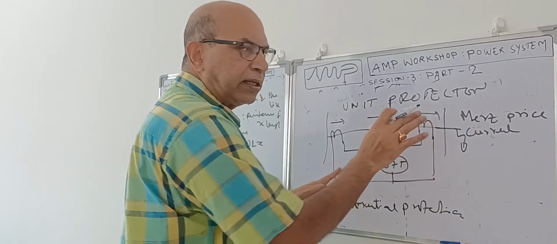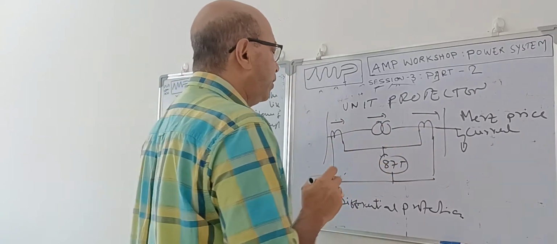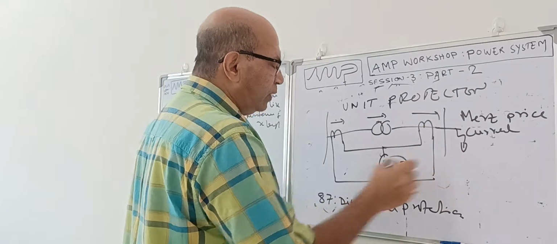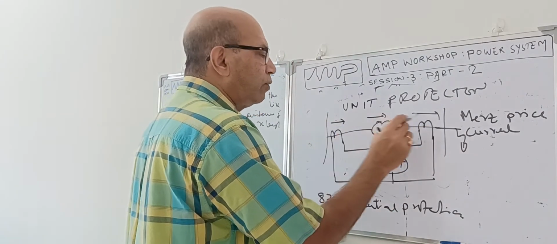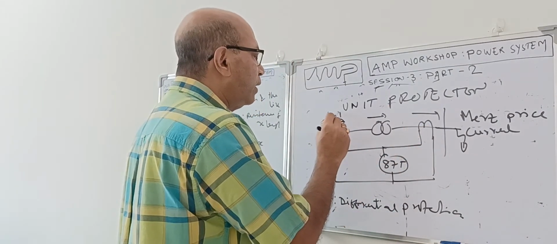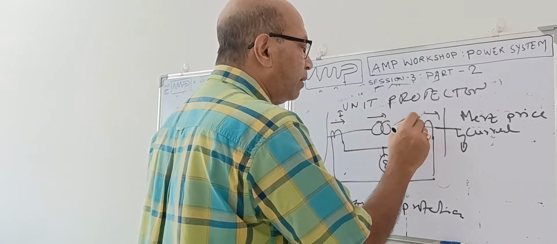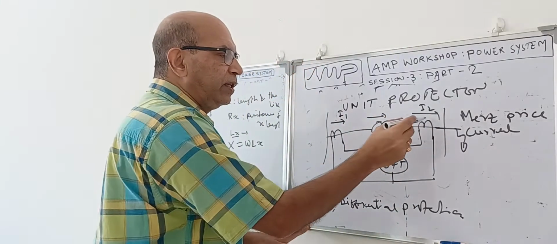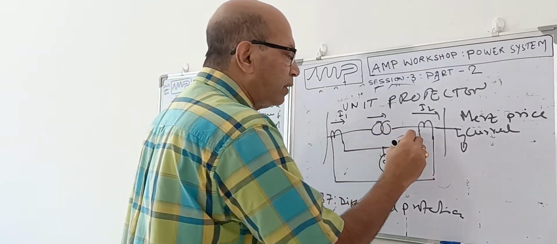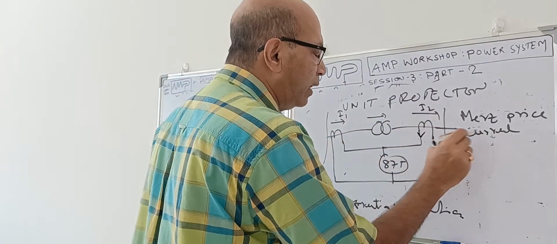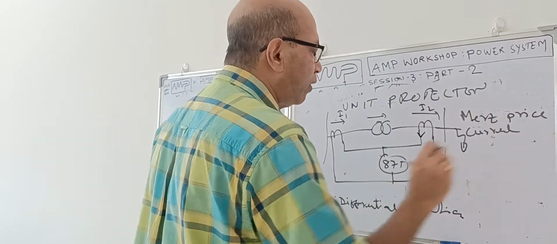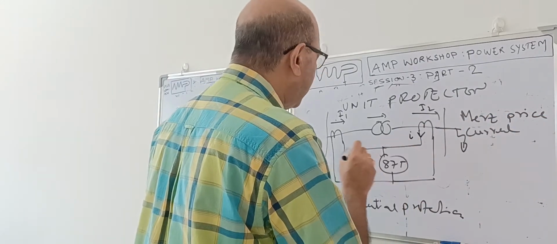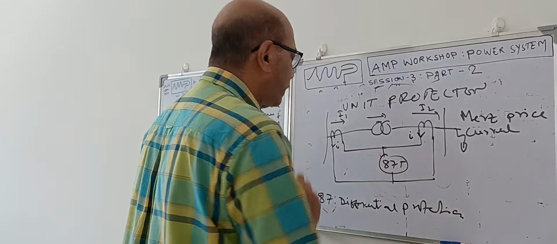We can select the CT ratio in that way in the case of a transformer. Though the primary currents I1 and I2 could be different, the CT ratio is decided in such a way that the CT secondary current for an outside through fault will be identical. This is I, this is also I.